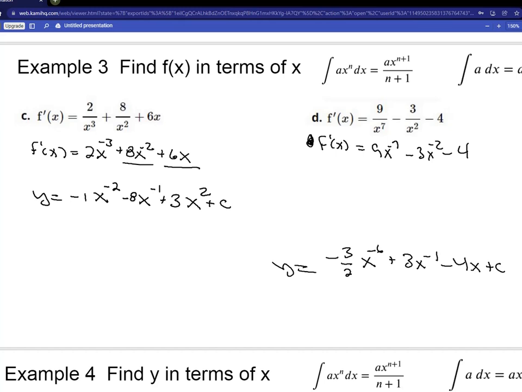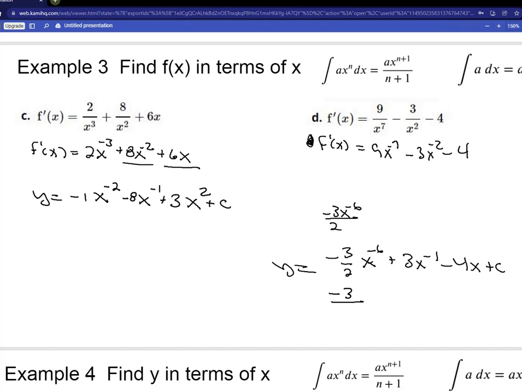Right, but think about this fraction. What am I going to write? Negative 3. And then what am I going to write? Because think about this. This is the same thing as negative 3x to the negative 6 over 2. So if you kind of visualize it becoming this, then what's going to happen?